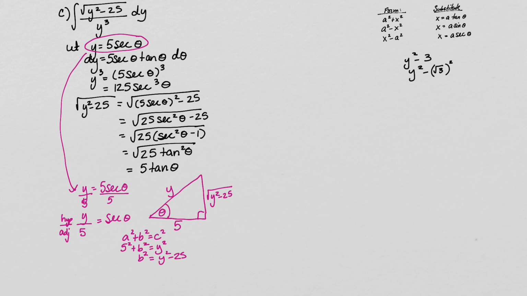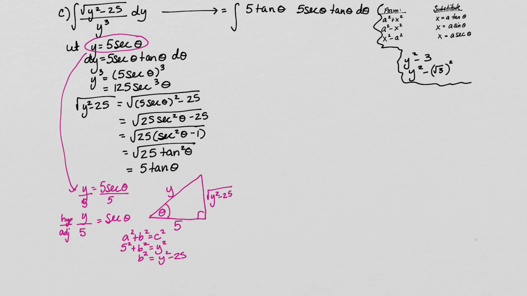No? Okay, so now we're at a point where we can plug in, right? I'm just going to section this stuff off here so we know that's not part of the problem we're dealing with. So if I plug in here, our square root was 5 tangent theta. dy was 5 secant theta tangent theta d theta.